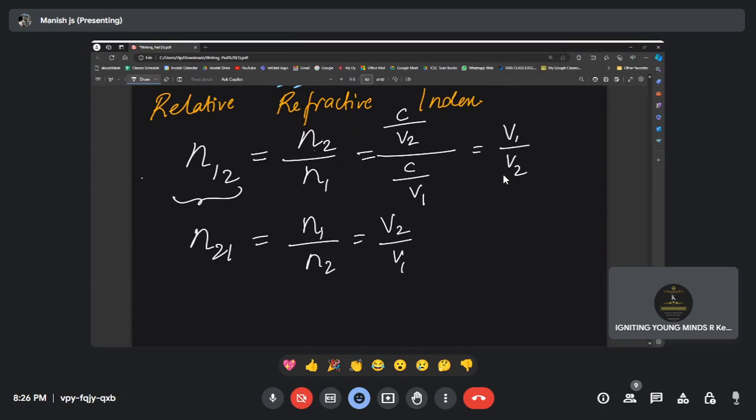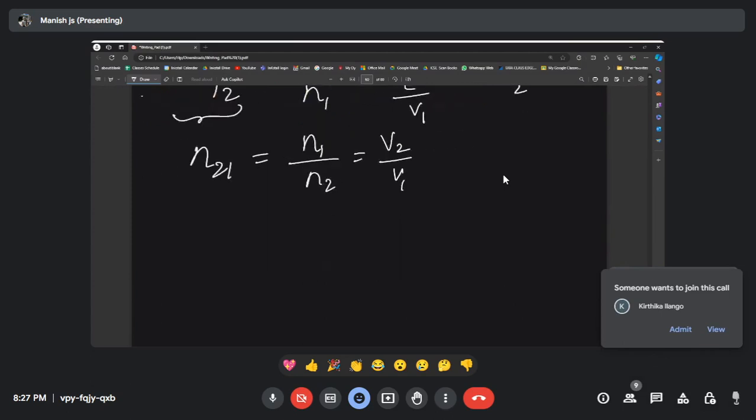So like this, you can relate the refractive indices of different media as light travels from one of them to the other. This relationship is important for problem solving, so we make use of it. All right, we are done with relative refractive index.